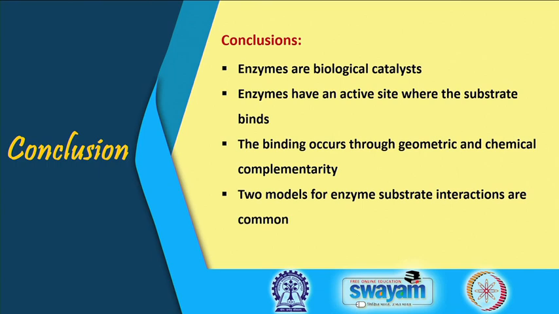What kind of complementarity? Either geometric or chemical complementarity. So, we may have a hydrophobic active site, an acidic active site, a basic active site, or one that can form aromatic pi stacking, other types of interactions, or hydrogen bonding. We want a non-covalent interaction between the enzyme active site and the substrate.